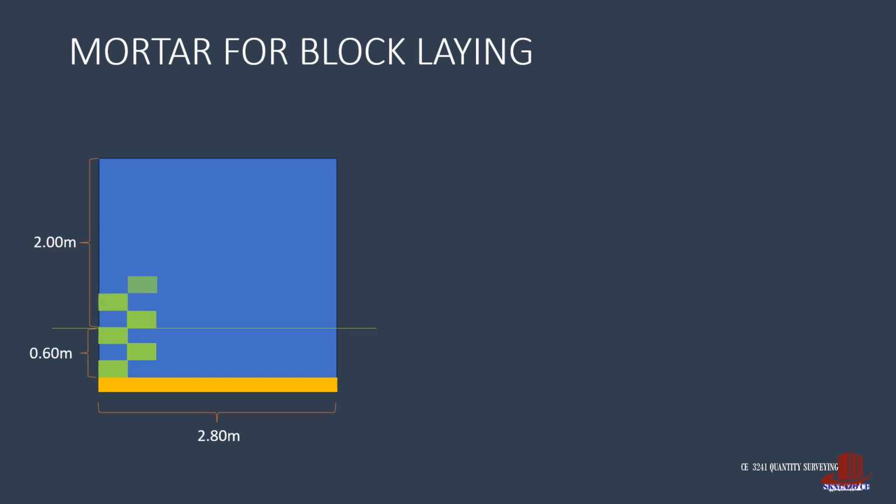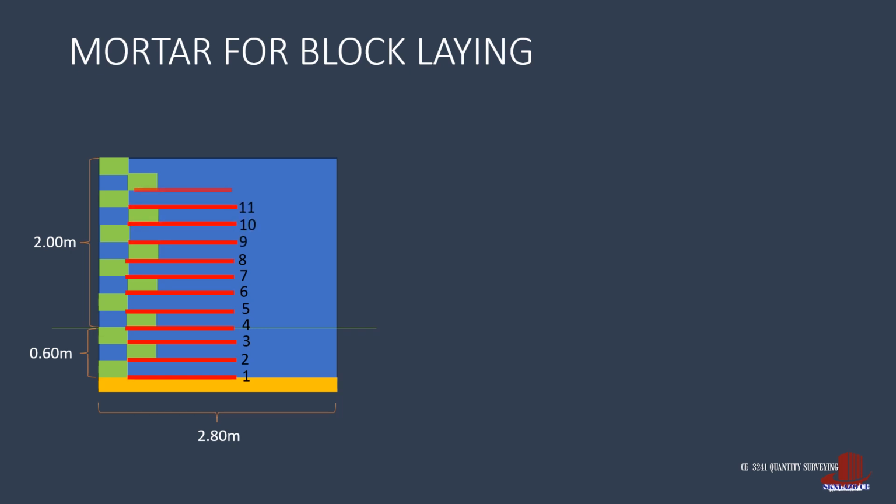Laying out the CHB, there are 3 layers under the ground and 10 layers above. Now let's check how many layers of mortar we need to compute. Since the project is a fence, it isn't necessary to provide mortar for block laying on top, which leaves us with just 13 layers for block laying mortar.